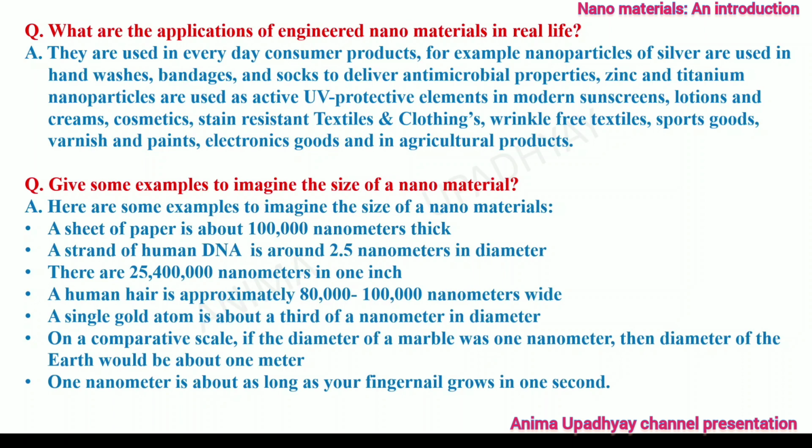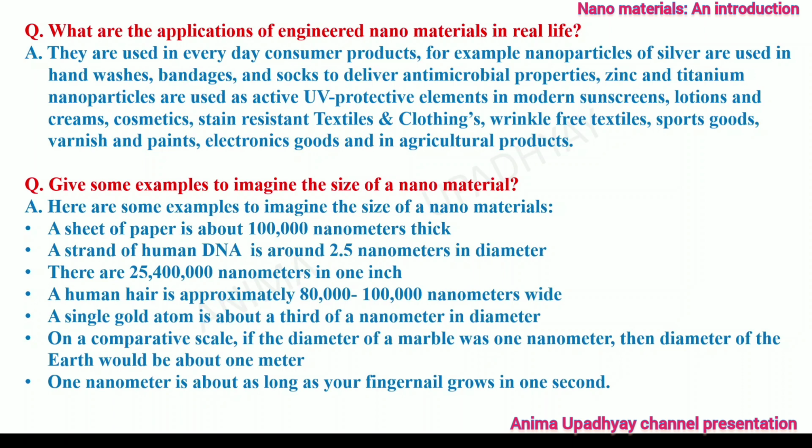There will be no stain of the food or the thing which is spilled on your clothing. Stain resistance comes through nanomaterials used in textiles and clothing, wrinkle free textiles, sports goods, varnish and paints, electronics goods and in agricultural products. Everywhere we find the use of nanomaterials.